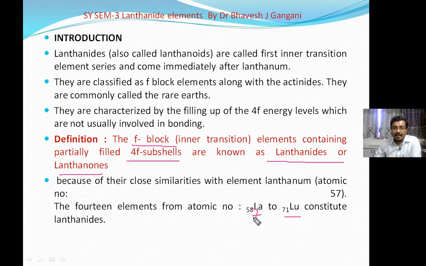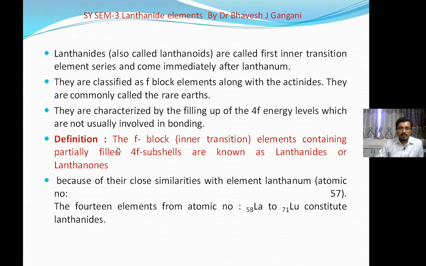So from 57 lanthanum to 71 lutetium, the group of these 14 elements is known as lanthanide elements. These elements come in the lanthanide series. Okay, now we go to the next part.